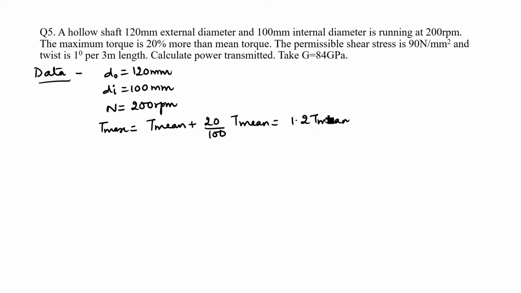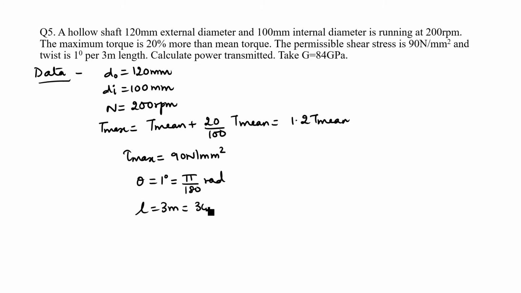The permissible shear stress tau max is given as 90 Newton per mm square and the twist theta is 1 degree, that is pi by 180 radians, and the length is given as 3 meter, which means it is 3000 mm.